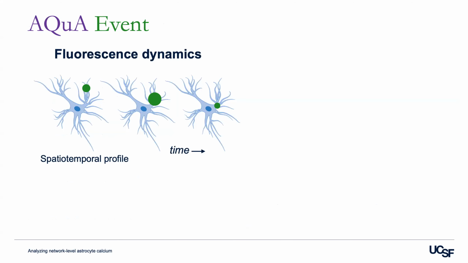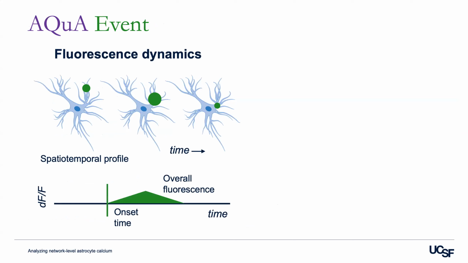So an individual AQuA event contains a lot of information, but it can be distilled down into various facets. So, for example, an AQuA event does contain the spatiotemporal profile of the activity of that particular event's fluorescence dynamics. But you can also consider the event as being flattened in space to really only consider the time evolution of the fluorescence dynamics in that particular event.